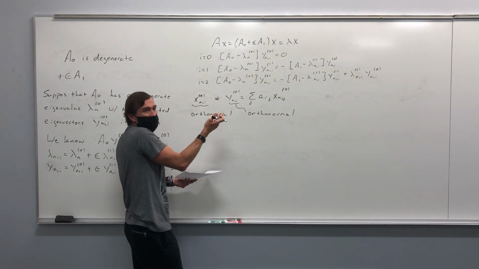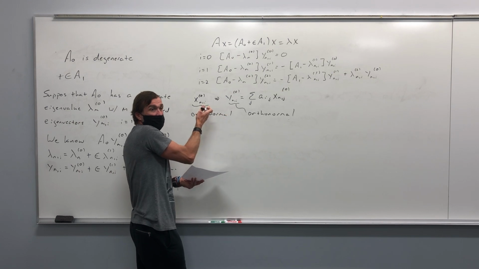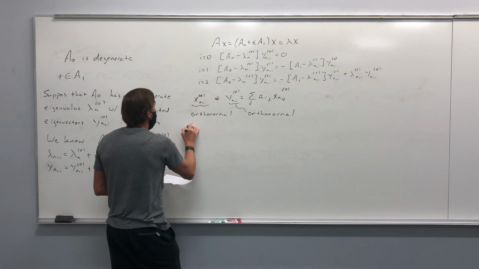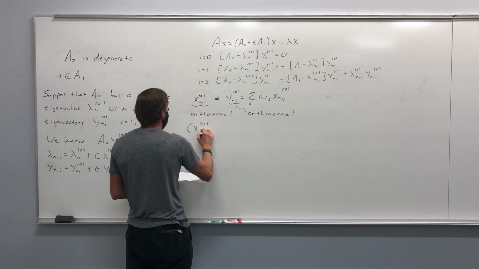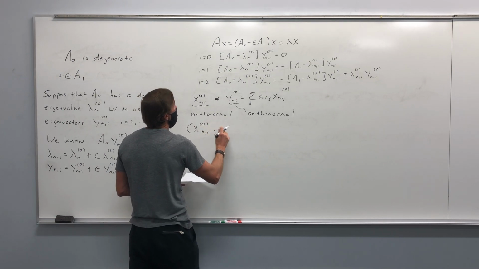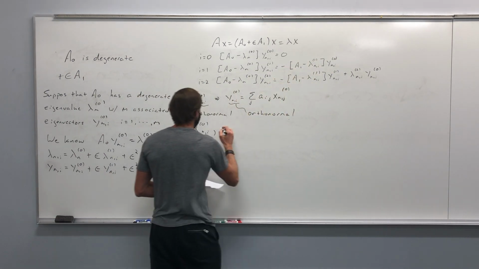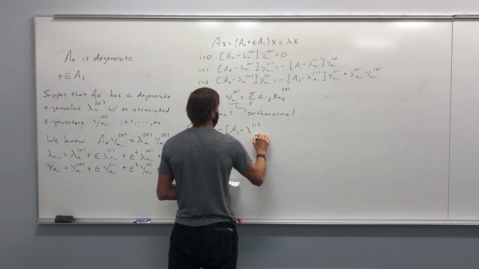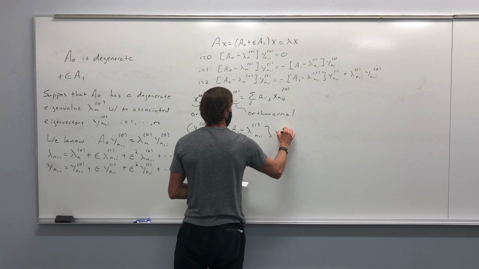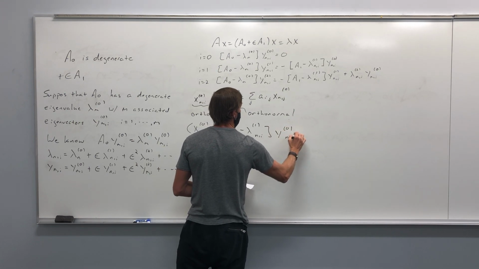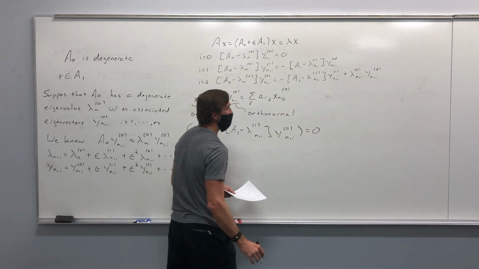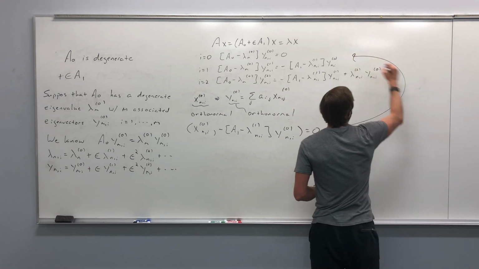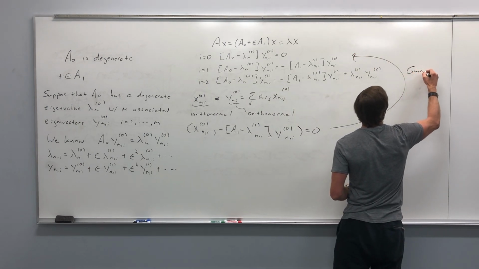Well, this is also spanning the space, so you have to be orthogonal to the space spanned by this as well. So we can say x0 ni inner producted with this equaling 0 guarantees a solution.